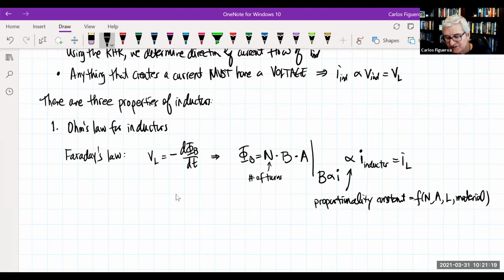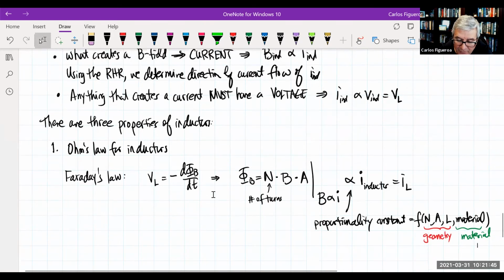So what you're seeing here is that you have a piece of this from Faraday's law here. This is telling me about the geometry. And this, of course, is telling me about the material. So check this out.